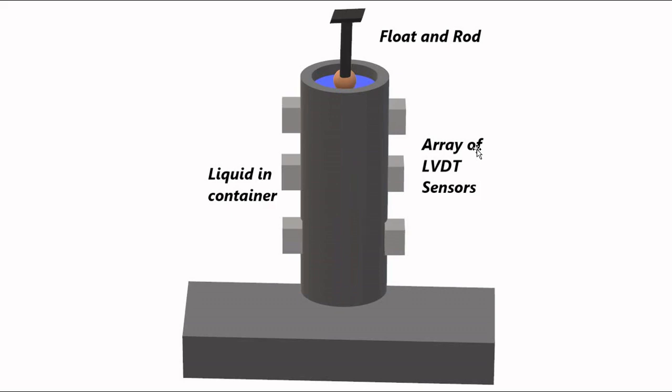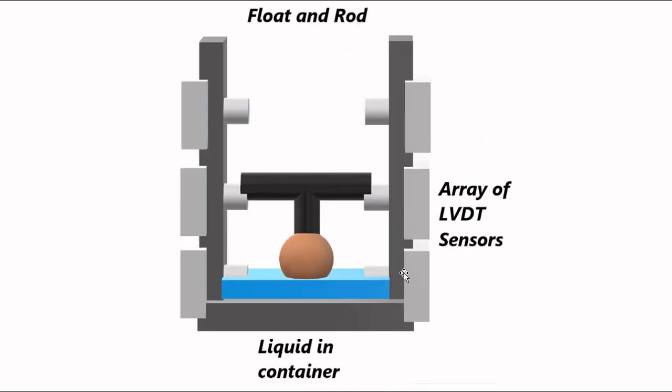The same principle applies: as the liquid level changes in the container, the float and rod arrangement goes up and down, and as the rod strikes the core of the LVDT sensors, it moves from its equilibrium center or null position and produces a non-zero electrical output. So this is the basic operating principle of liquid level measurement using LVDT.